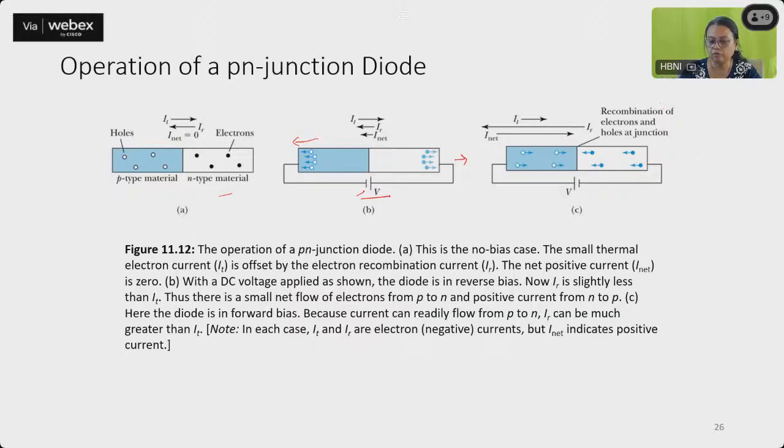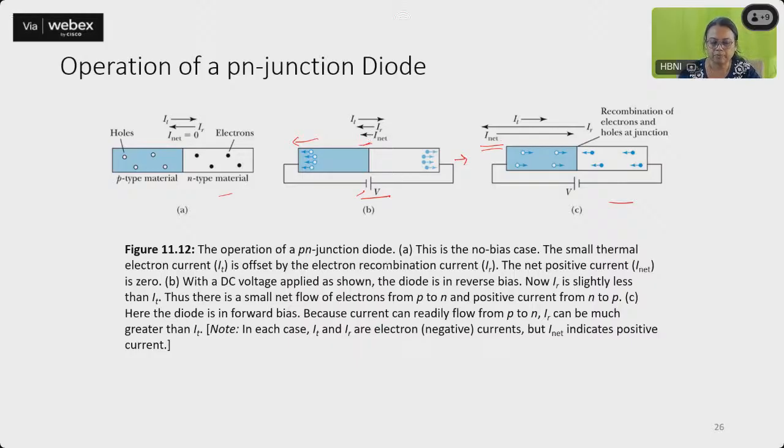When it is forward biased, we have recombination of holes and electrons at the junction, and we will have a net current, whereas the net current in the reverse case is in this direction or very small.